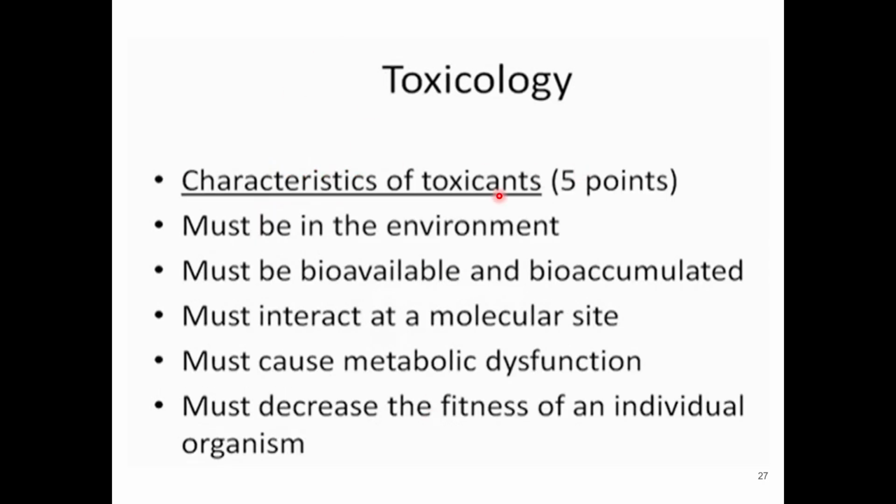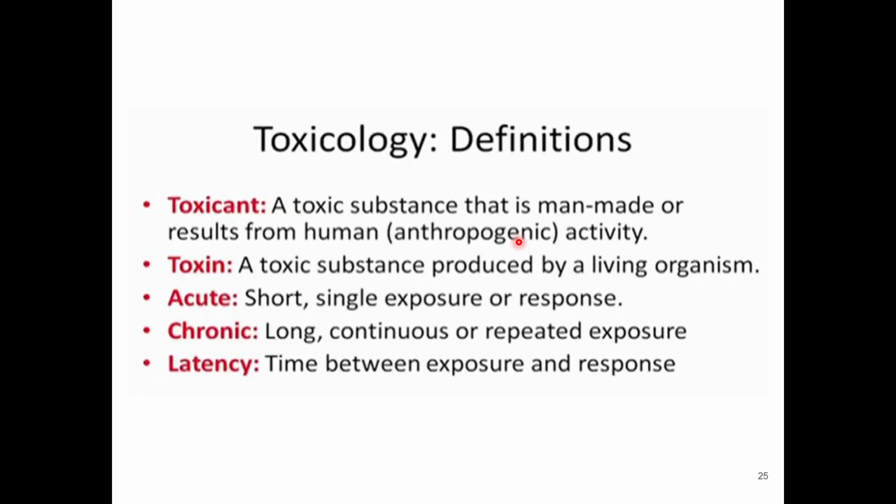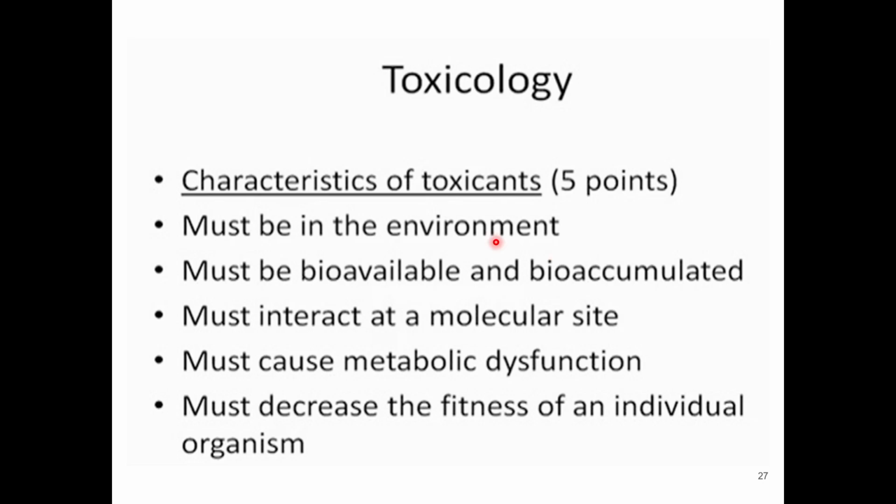There are some characteristics of toxicants. As we just studied, a toxicant is a substance that is man-made or produced by anthropogenic activity. It has mainly five characteristics. One, it must be in the environment. Secondly, it must be bioavailable and bioaccumulated.